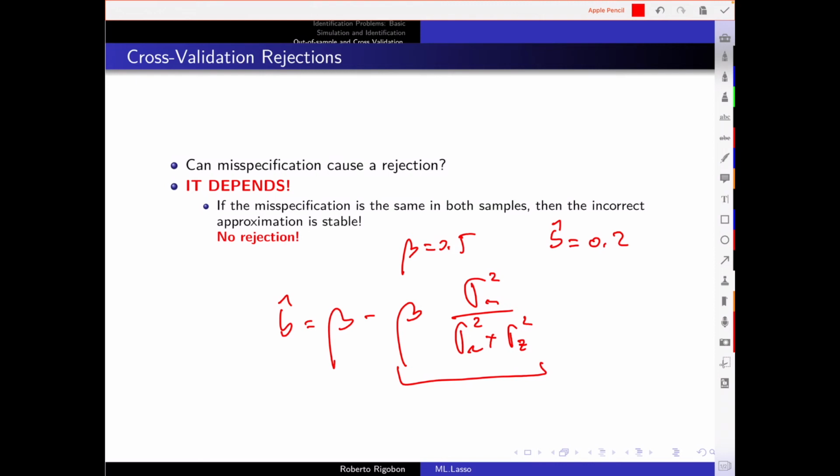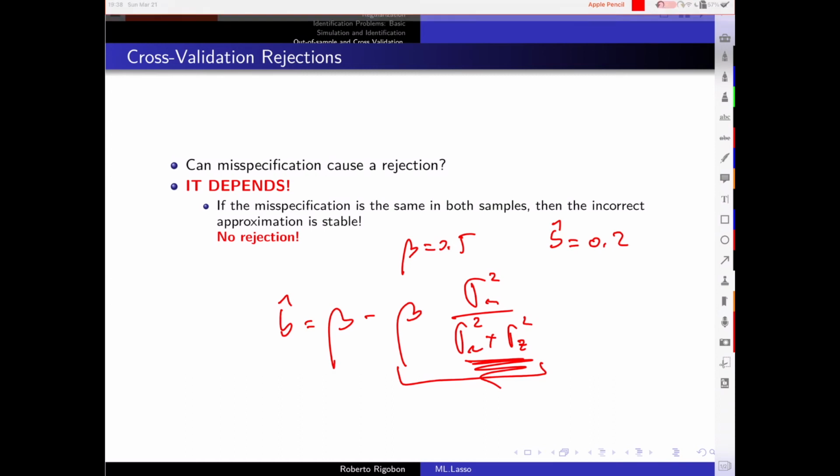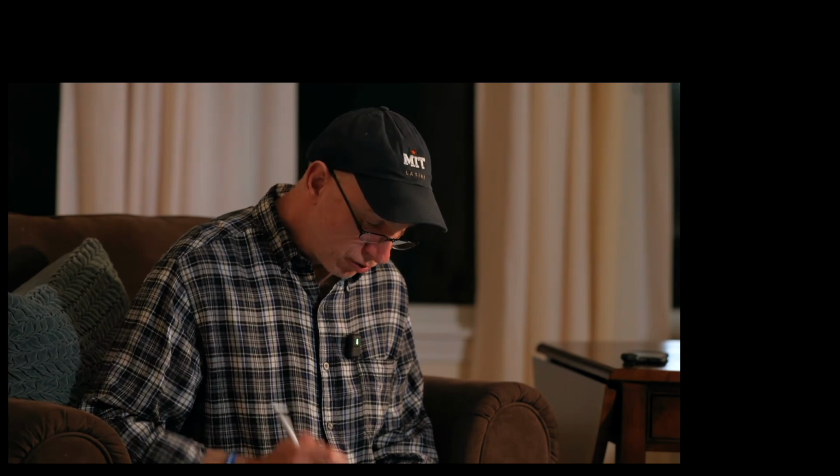So if the volatilities are changing, if heteroskedasticity is happening in the data, then the biases are going to be changing, and you will be able to reject. But you need that to happen to be able to reject in the cross-validation. Other than that, you will just pass the exam. There will be no rejection. So the rejection only happens if the bias or the parameters are unstable in the sample.